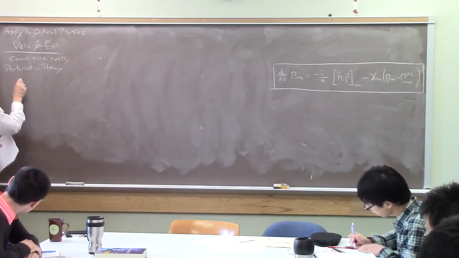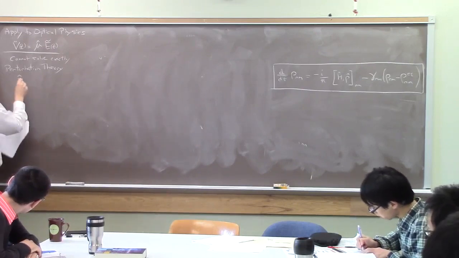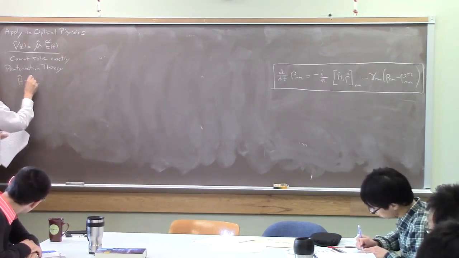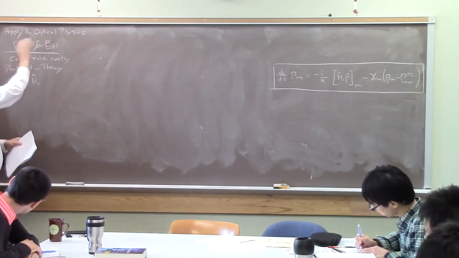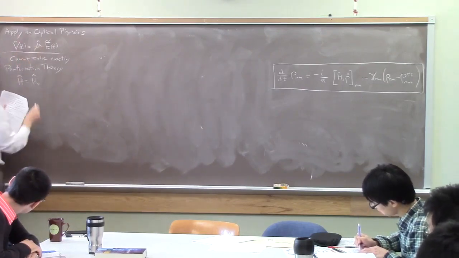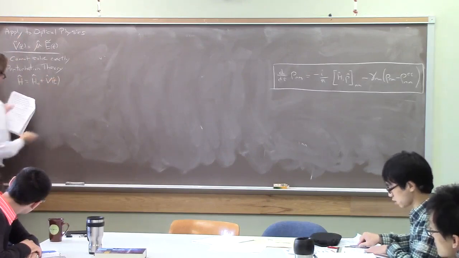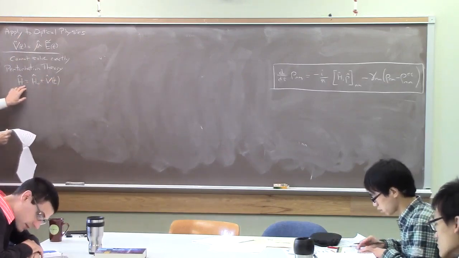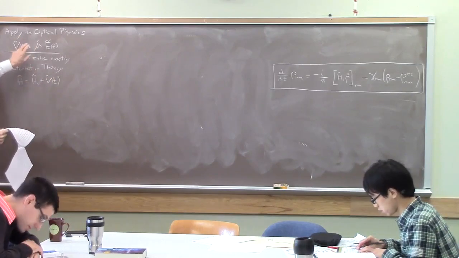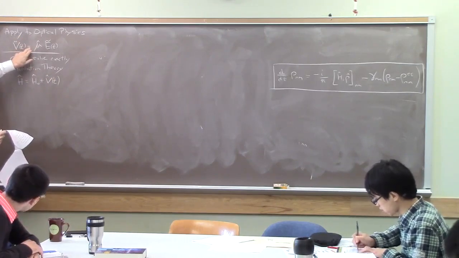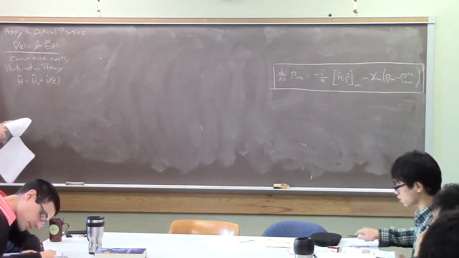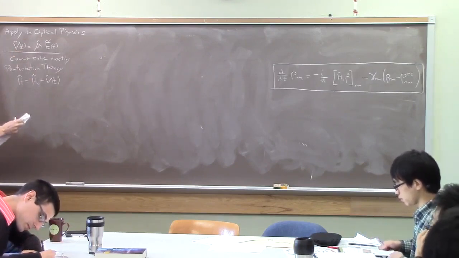Okay, so let me be more formal about this. Let me polish this a little bit. So we're going to take the Hamiltonian to be the atomic Hamiltonian plus the interaction Hamiltonian that I have already written here.